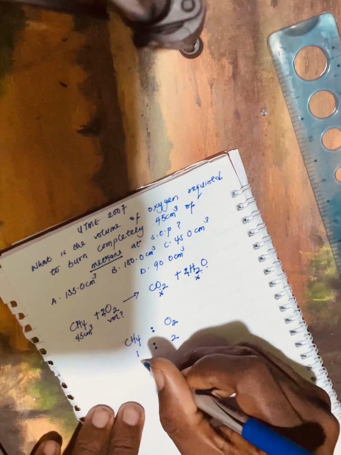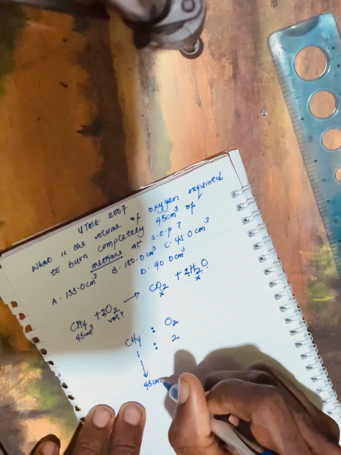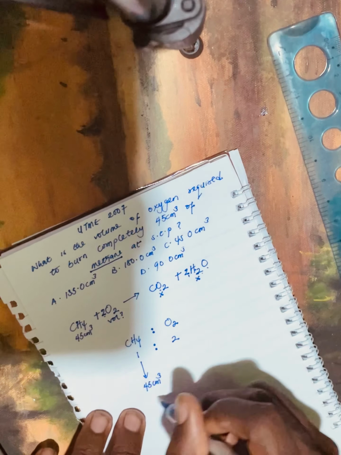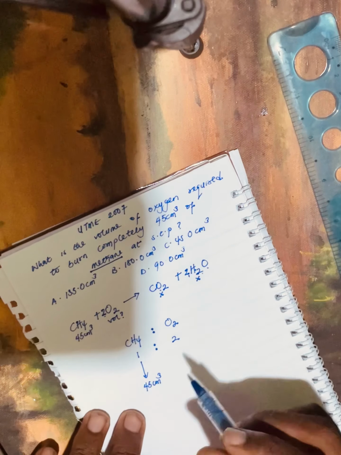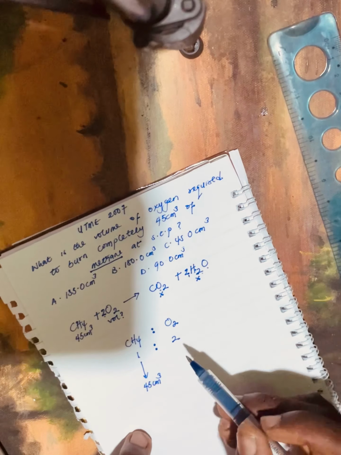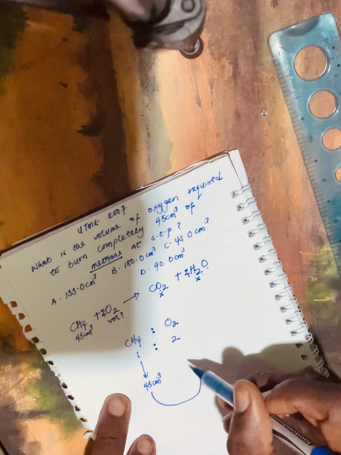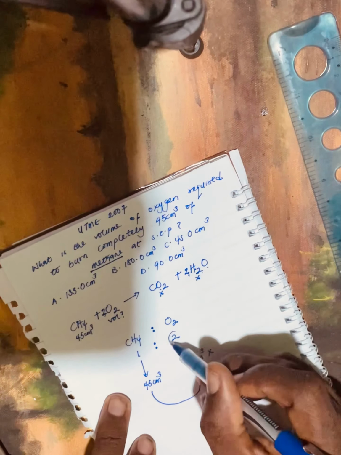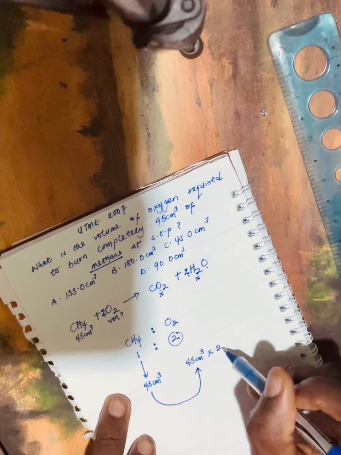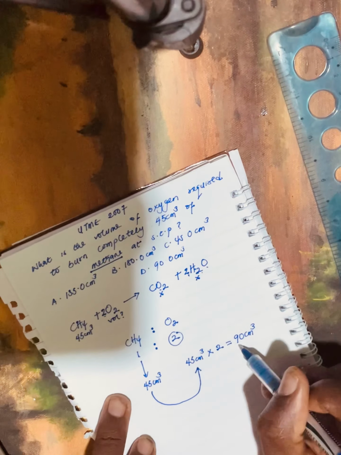So if we need to burn 45 centimeter cube of methane, we need double that amount of oxygen because the ratio is 1:2. Hence, the amount of oxygen needed will be 45 centimeter cube times 2, which gives us 90 centimeter cube.